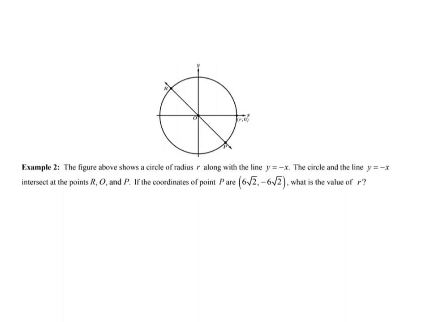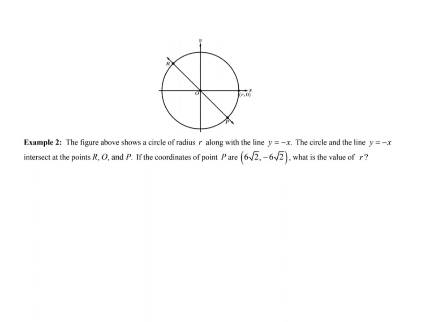All right, so this is example 2. It says the figure above shows a circle of radius r along with the line y equals negative x. Now, I used a lot of intuition here. The way that they worked this out in the solution made me think, I wouldn't have thought of it that way.